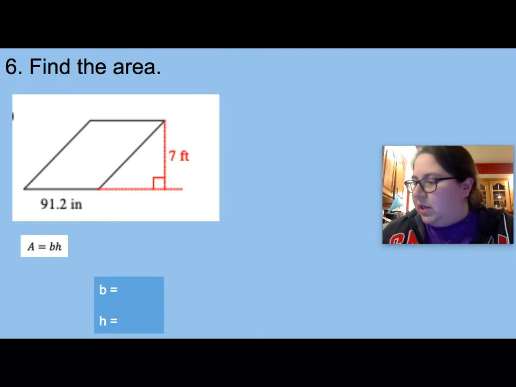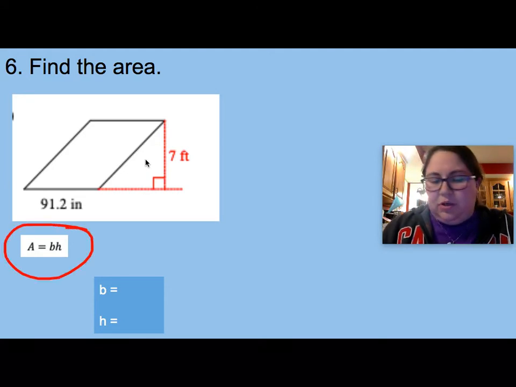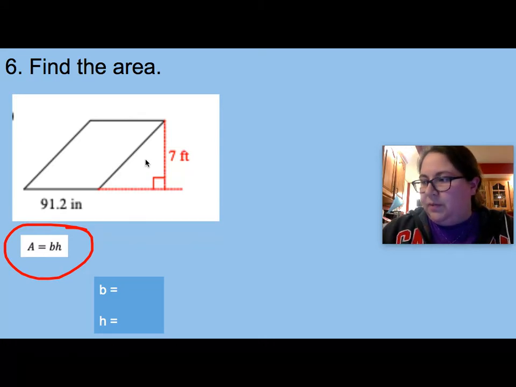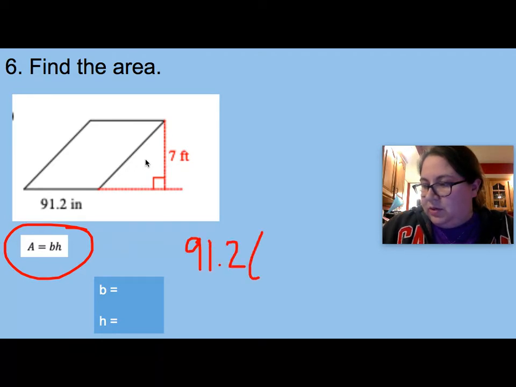So looking at this, we know we're still talking about a parallelogram because it has 4 sides, not 3 sides. We're not talking about this shape right here. We're focused on the parallelogram. So what we're going to do is really simply 91.2 times 7.